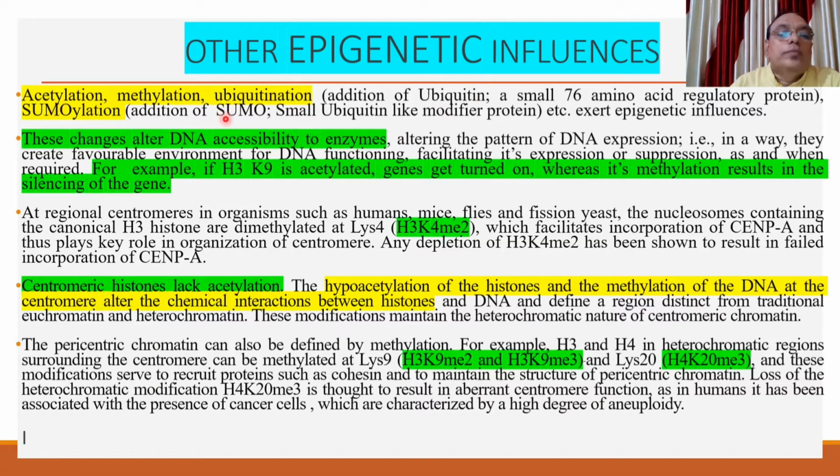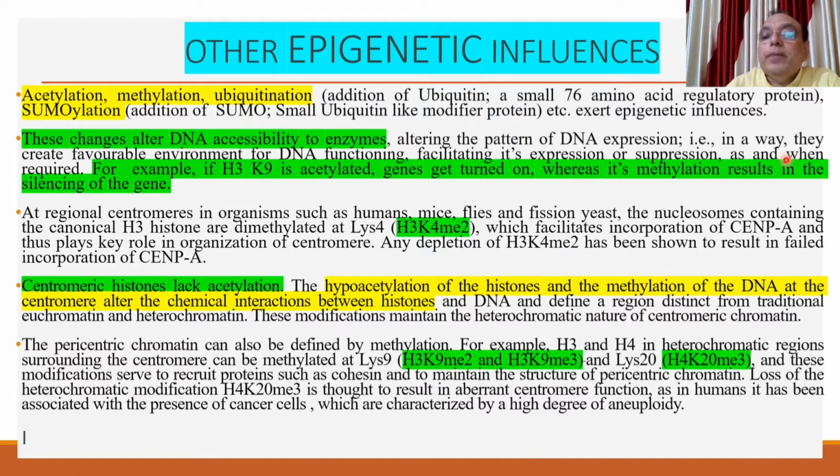SUMO is a small ubiquitin-like modifier protein. So this is not ubiquitin, but it is also a small protein which is similar to ubiquitin and modifies other proteins. So addition of SUMO to a particular chemical structure is called sumoylation.